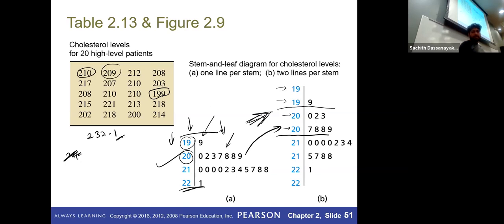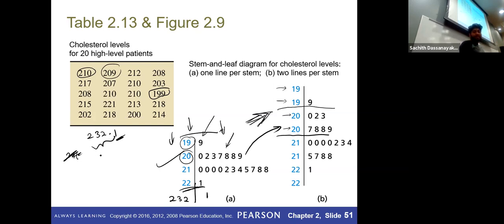Always the rightmost digit, which means this guy, goes to the leaf side. So 1 here, and the rest of them, 2, 3, 2. You don't have to mention the dot here.